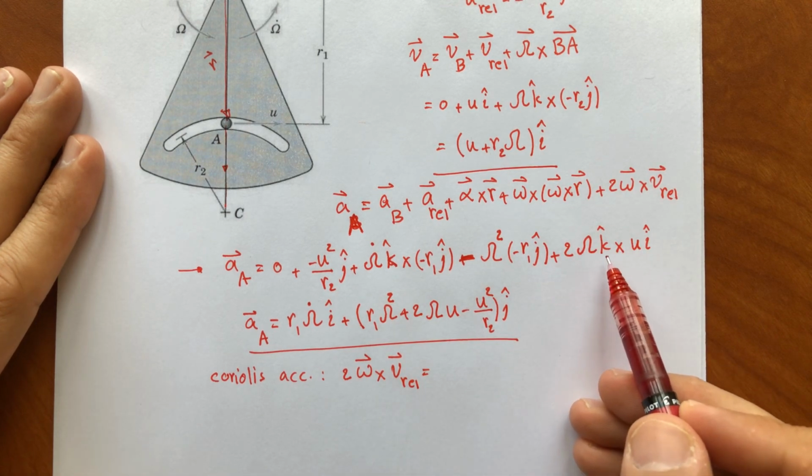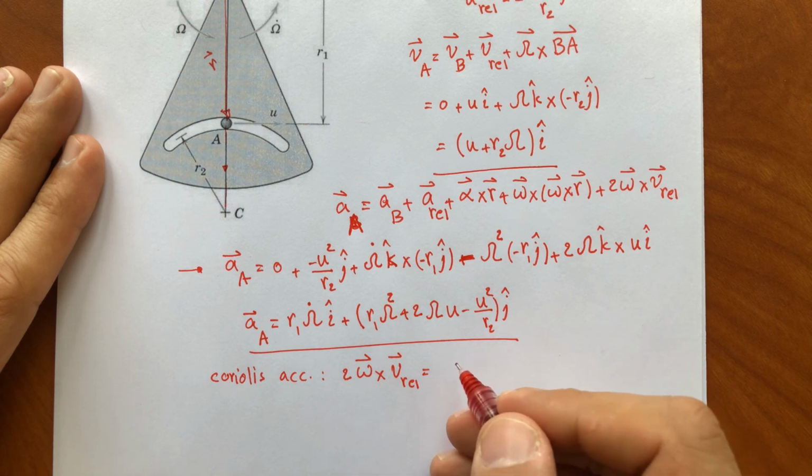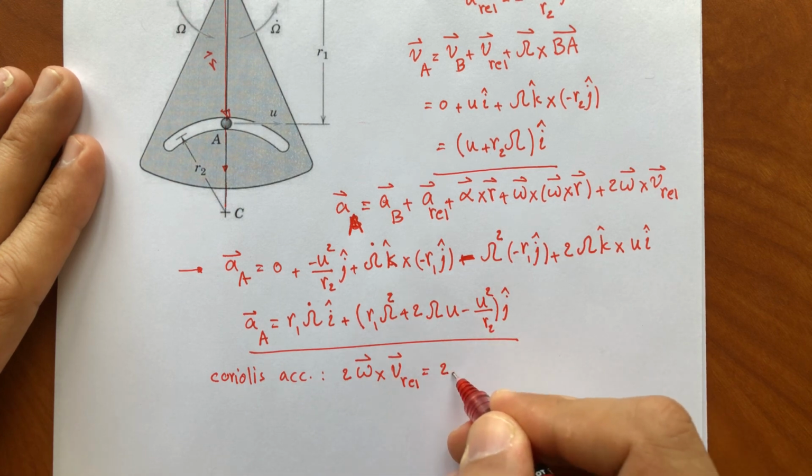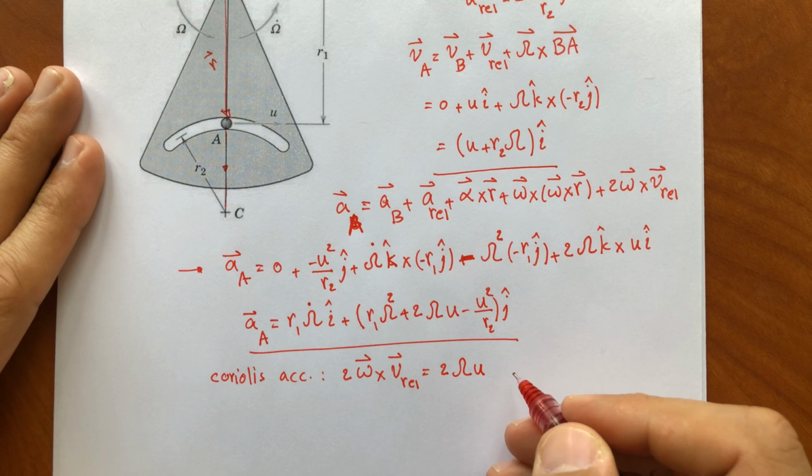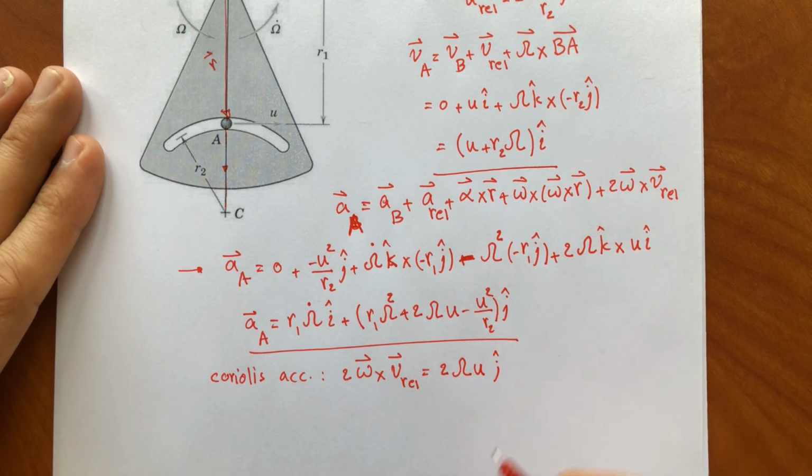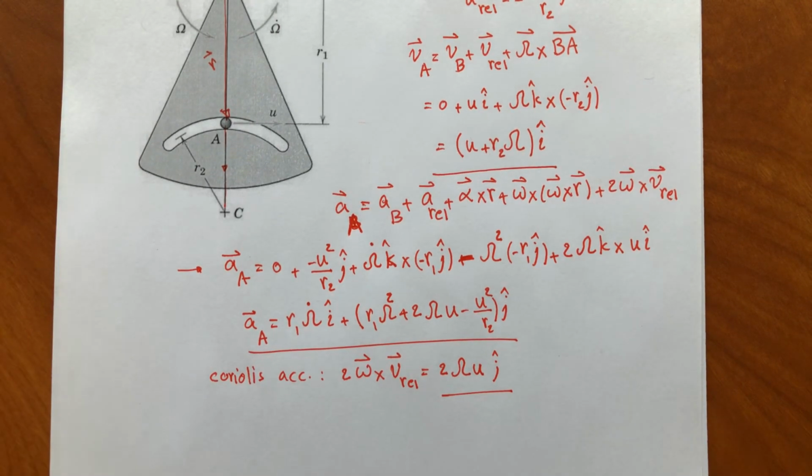And also k cross i is j, so altogether it's going to be 2 times Omega times u in the j direction. So this is going to be the Coriolis acceleration of point A in the small xy coordinate.